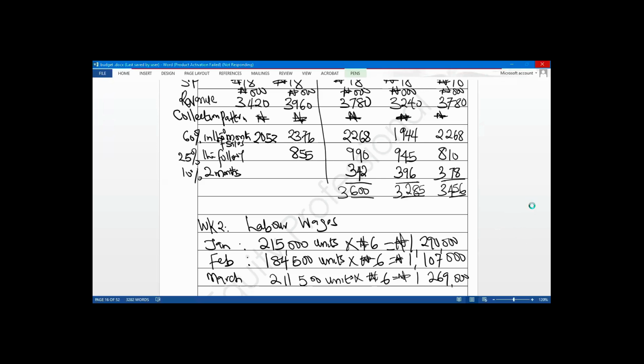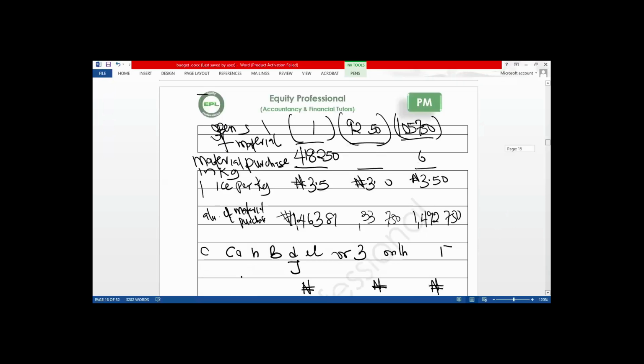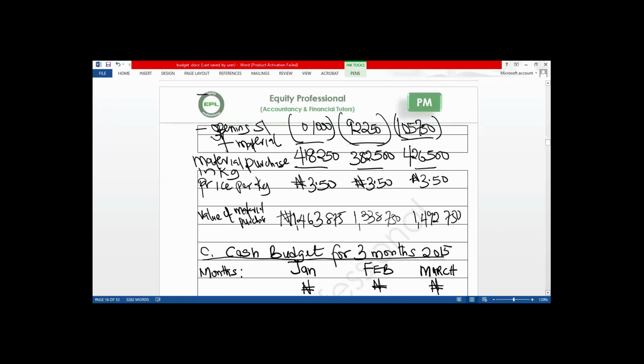You go back to your budget, payment for wages now. Remember cash budget, cash inflows, and cash outflows.